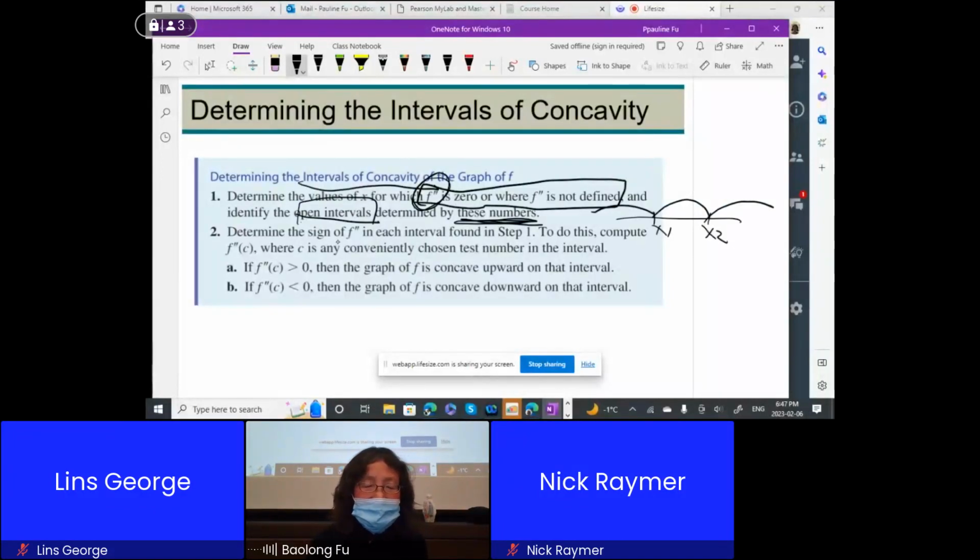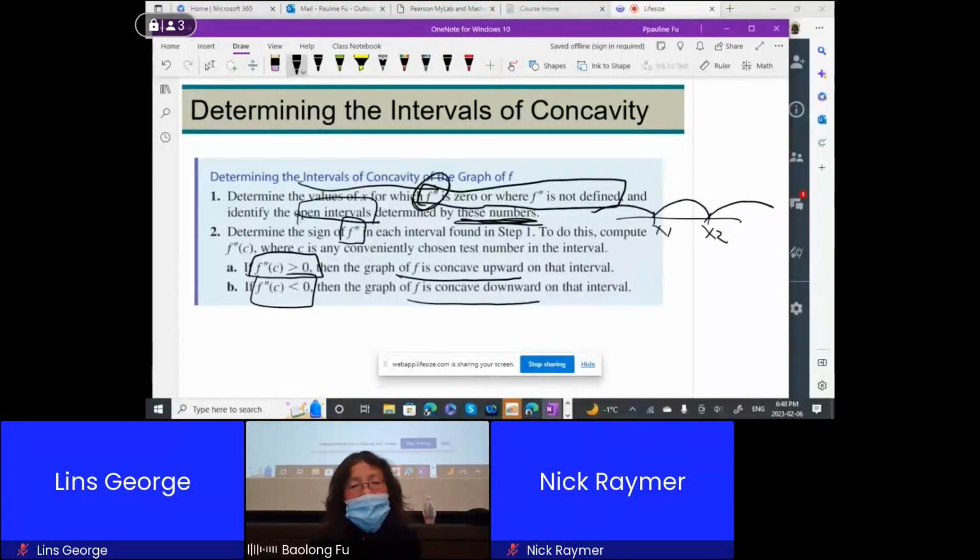And step 2, determine the sign of the second derivative. If the second derivative is greater than 0, f is concave up. Second derivative smaller than 0, f is concave down.